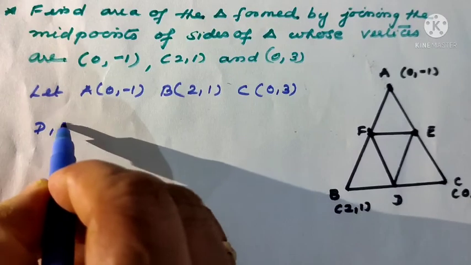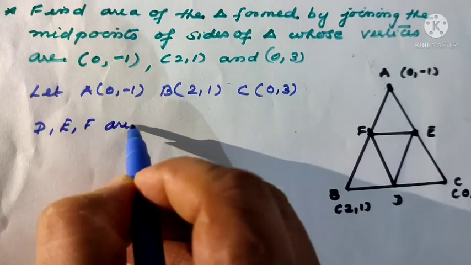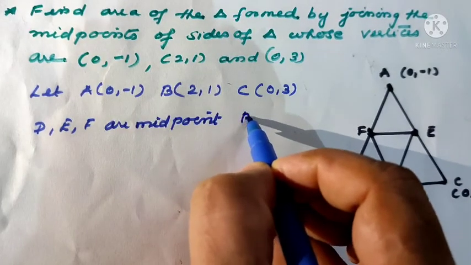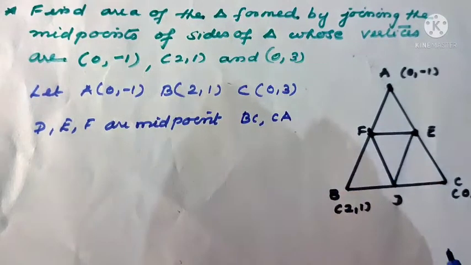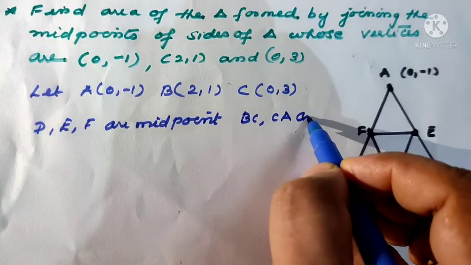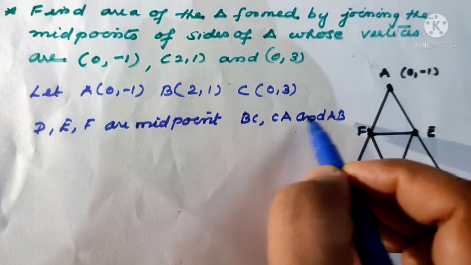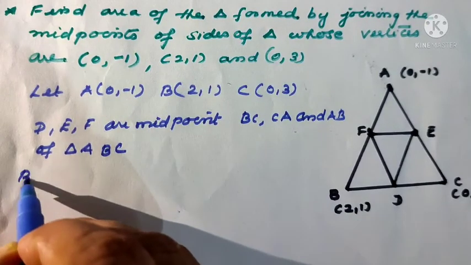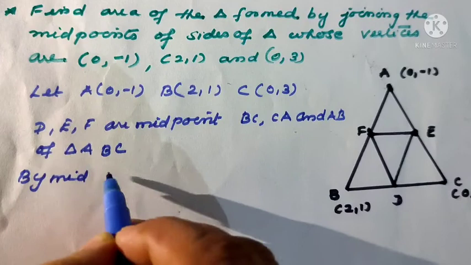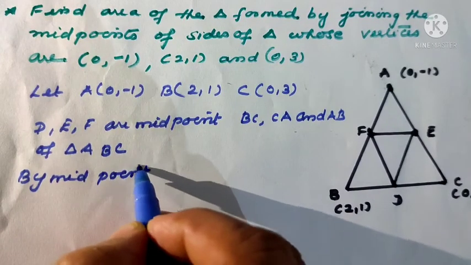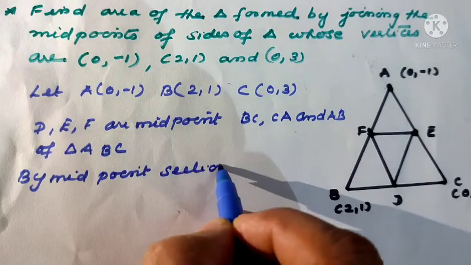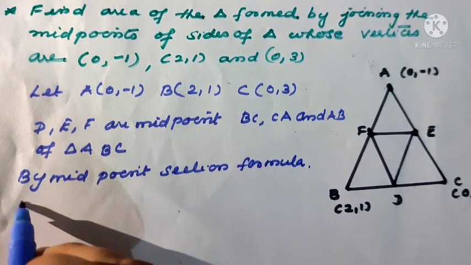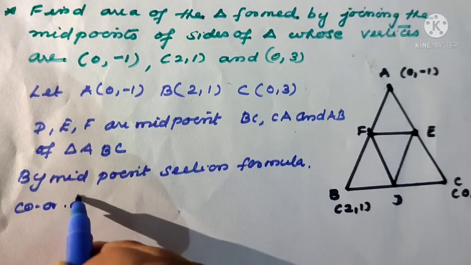D, E, F are the midpoints of BC, CA and AB of triangle ABC. So by the midpoint section formula, what can we calculate? The coordinates of D, E, F, right?